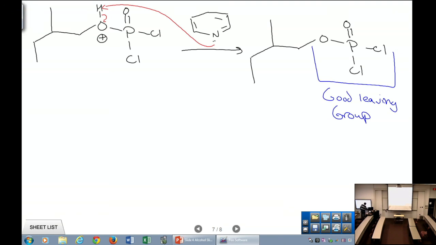Now you're going to have this hydrogen, and a base, another molecule of pyridine, or some other base that may be in the solution. I'm just going to use pyridine in this case.